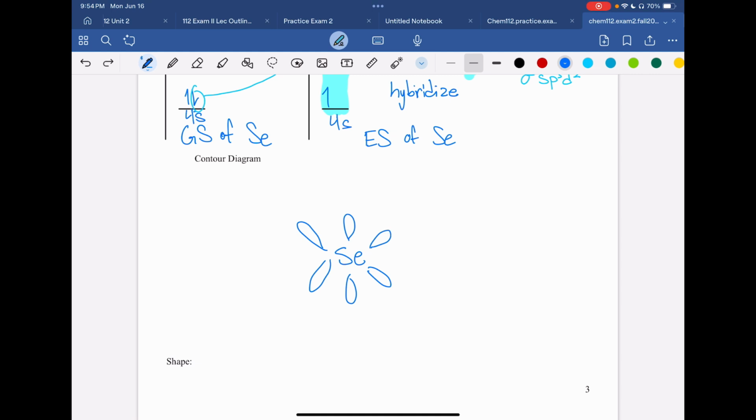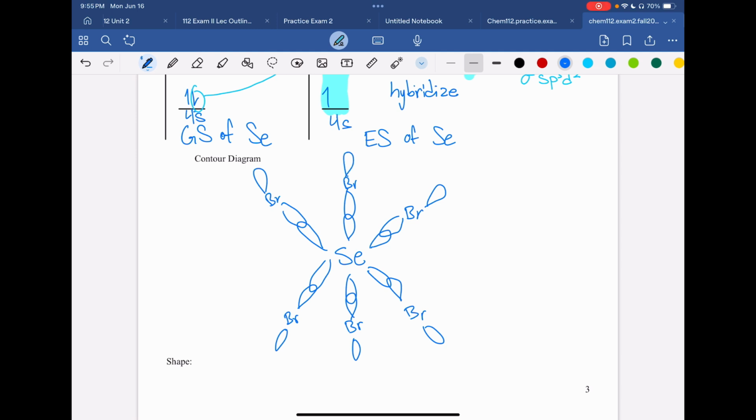Now, bromine also has a pair of balloons. Wow, looks like a little flower.